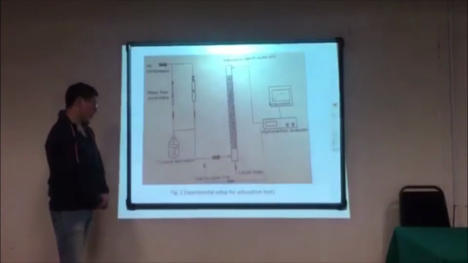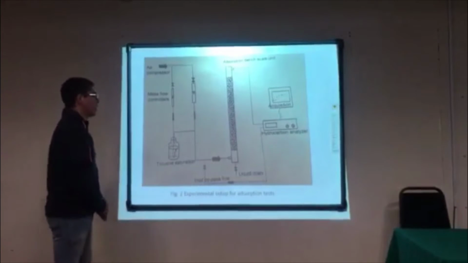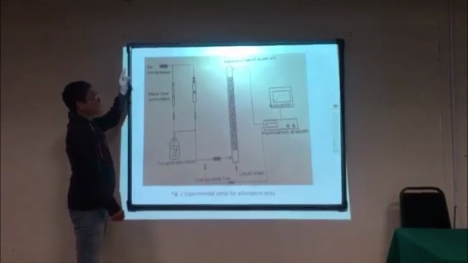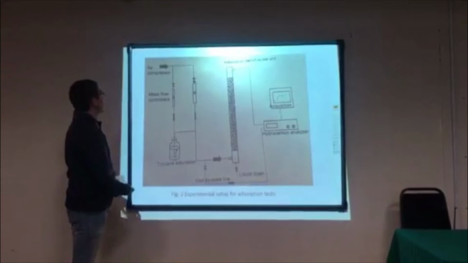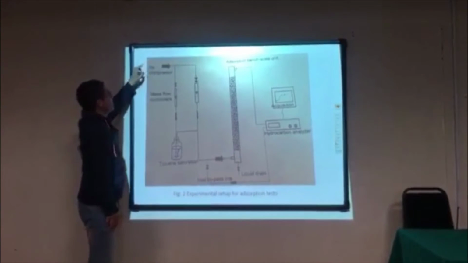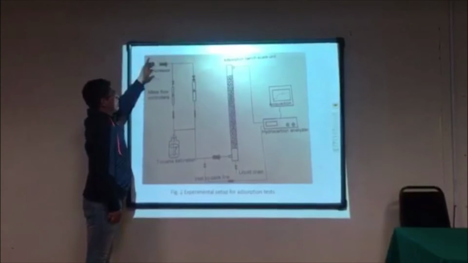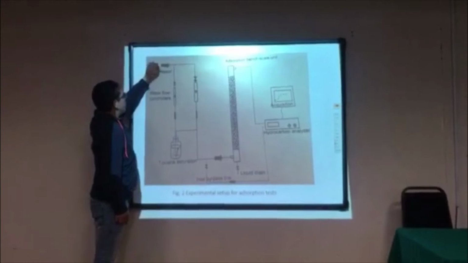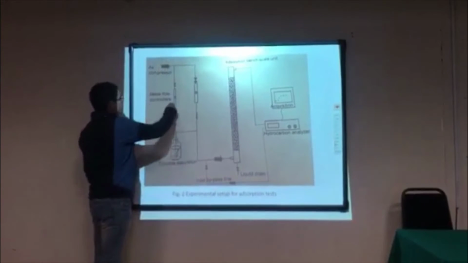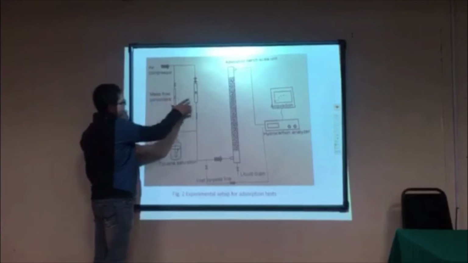This is the diagram of the experimental setup for the absorption test. Here we have, as we saw before, the air compressor with an air flow and a mass flow controller. This flow is divided into two sections, and both have mass flow controllers.